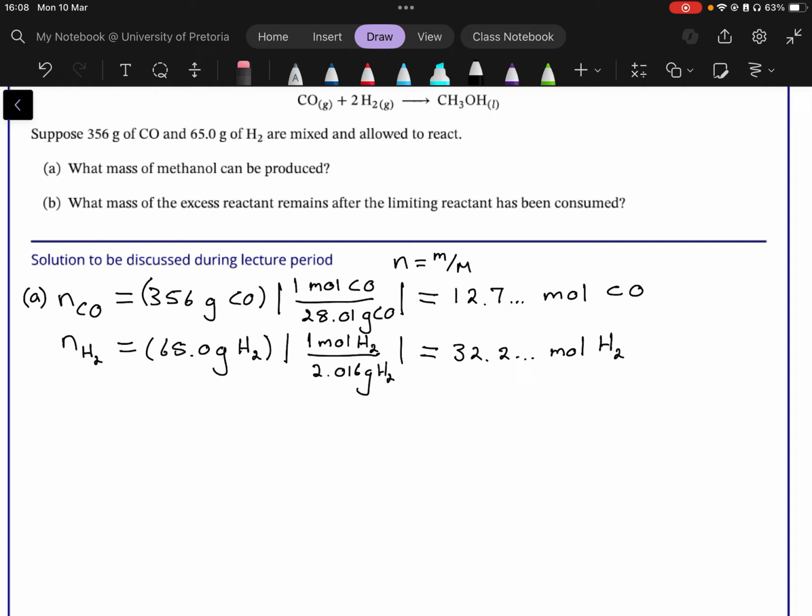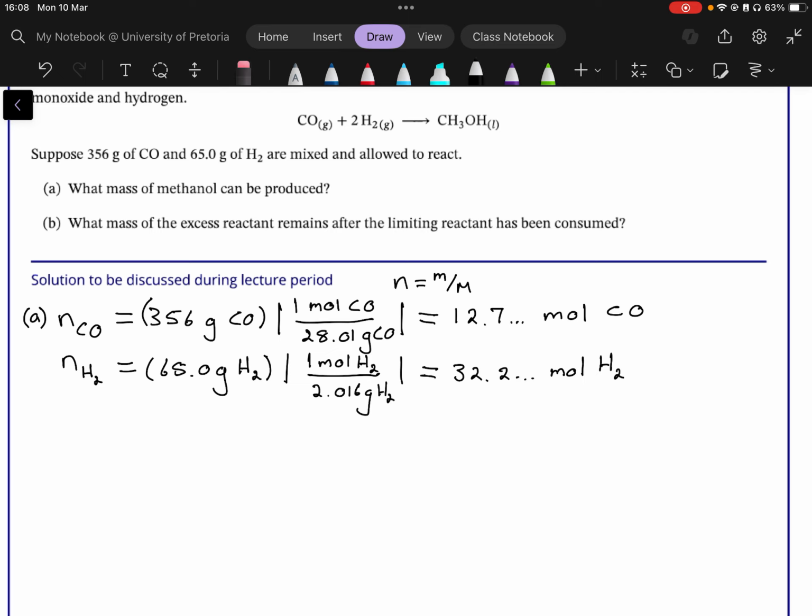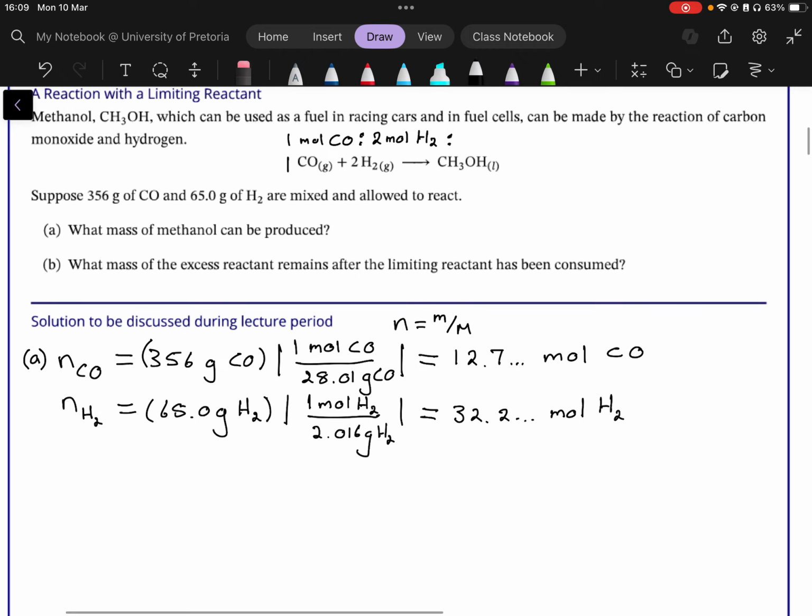there's a couple of ways that you can determine the limiting reagent. But let's remind ourselves of a couple of things first. We have the chemical reaction, so that gives us the ratio. We know that 1 mole CO reacts with 2 mole H2, which forms 1 mole of methanol.